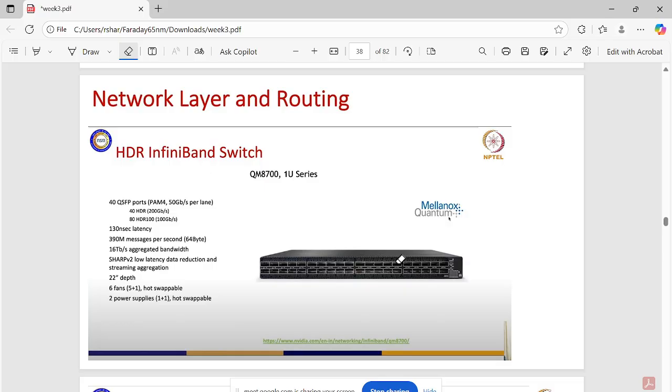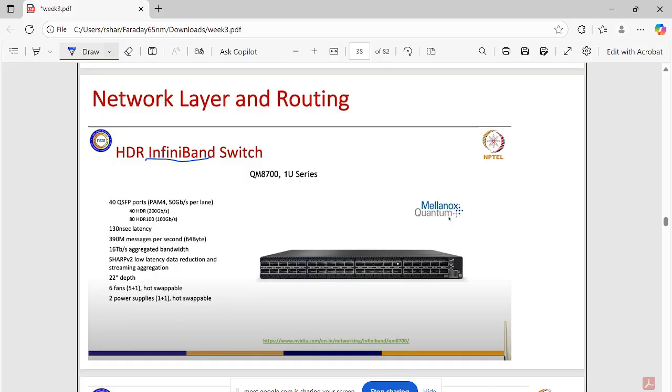So till now this was from the physical side. On top of the physical layer now comes the network layer and routing. So let's take a switch element, say InfiniBand.